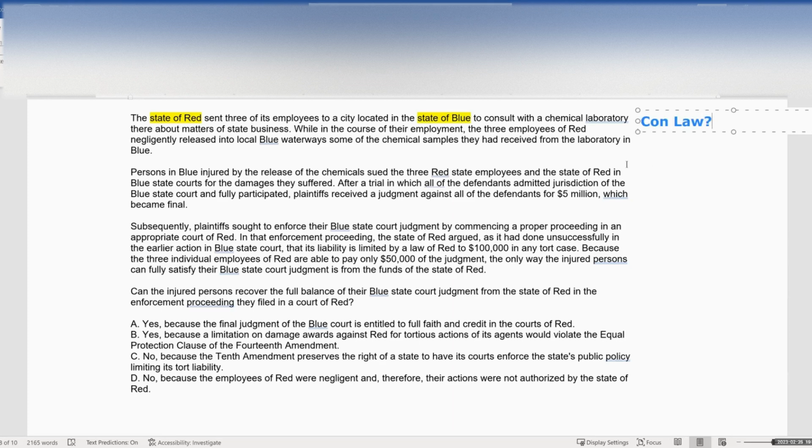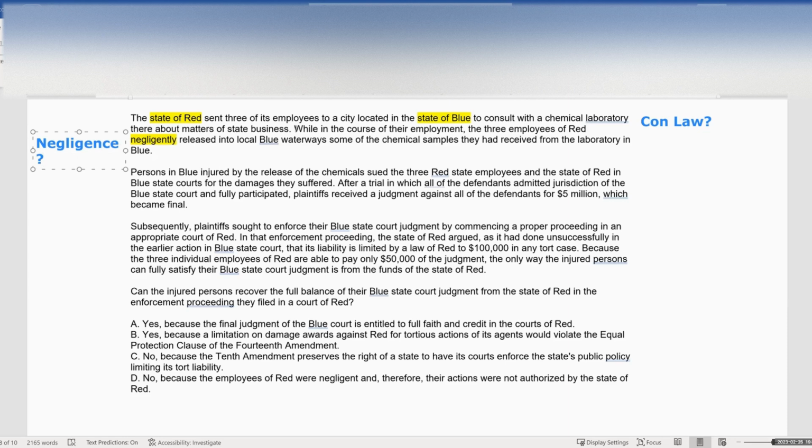So if we keep going, it says, while in the course of their employment, the 3 employees of red negligently, now we're highlighting that there's a negligence. So could it potentially be a negligence question? We don't know for sure at this point. And it continues.